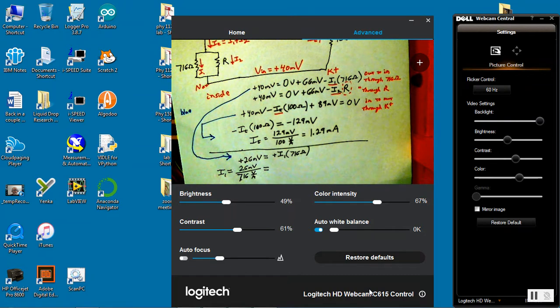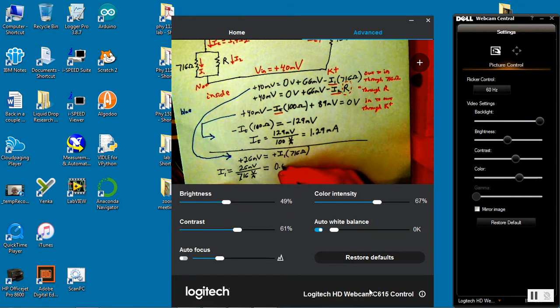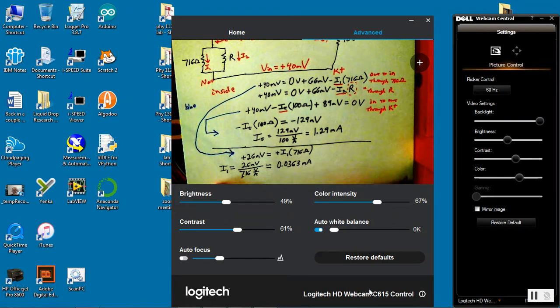Let me just double check this calculation. So 26, 716, and yep, 0.0363 milliamps, because the volts cancel and 1 over amps on the bottom flips over on the top.